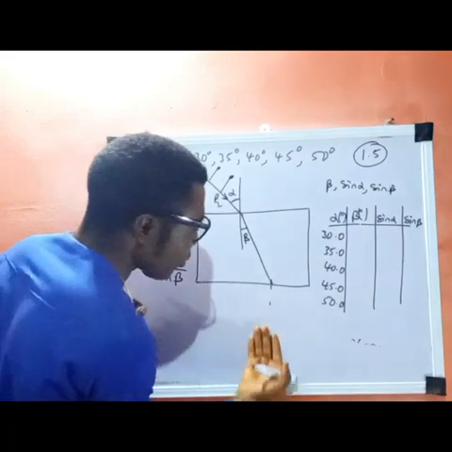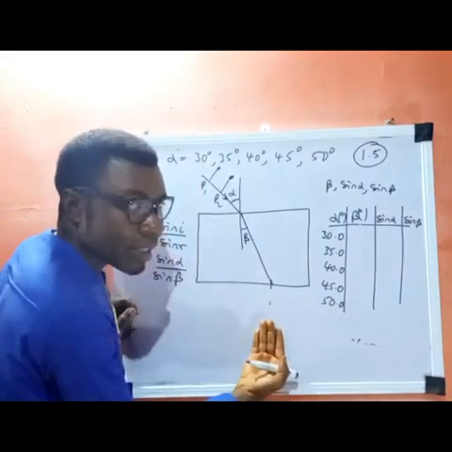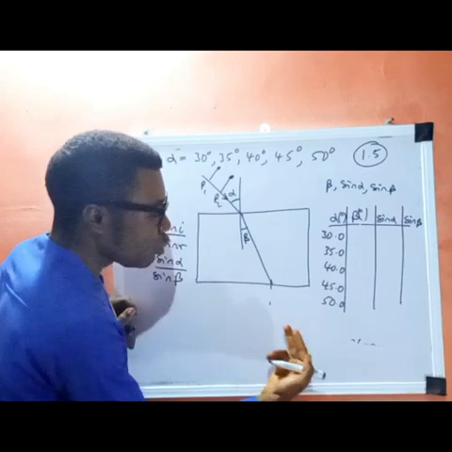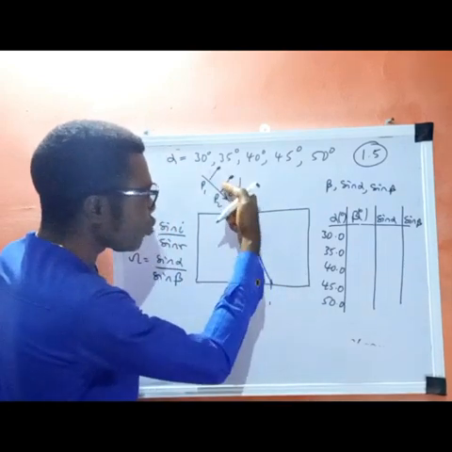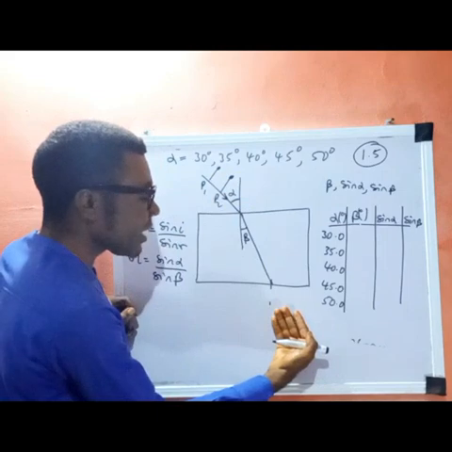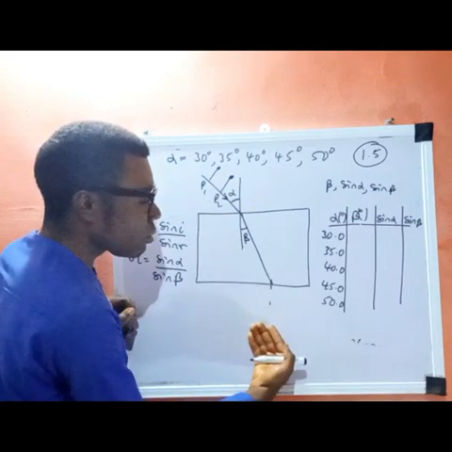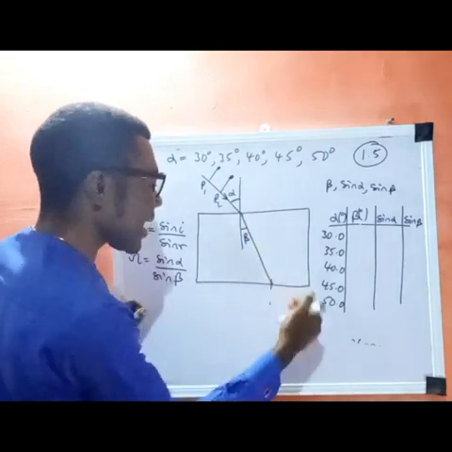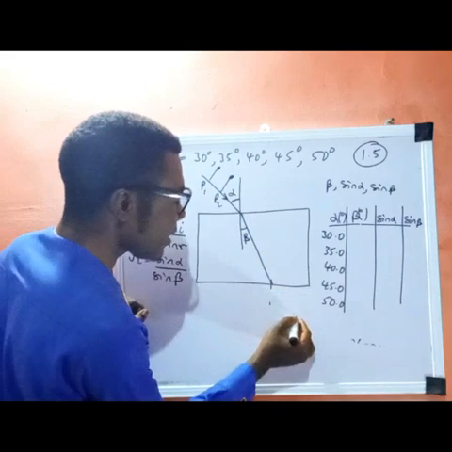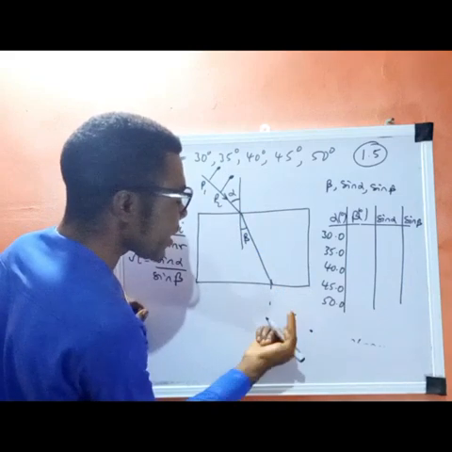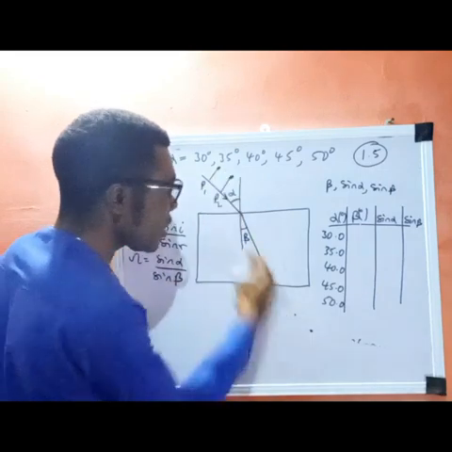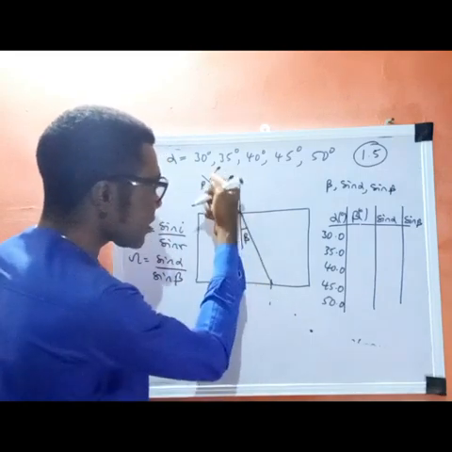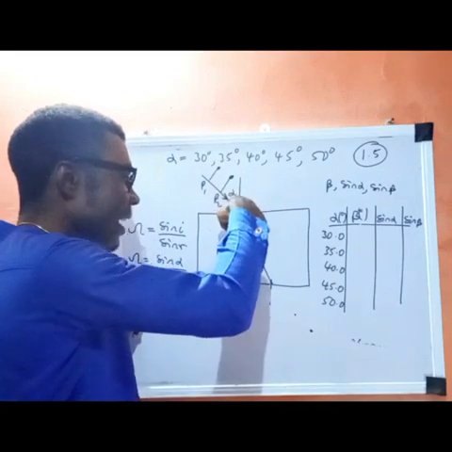Then look through the prism at this other end such that you will be seeing the image of these two pins from this end, and then you locate two pins from this end to be on a straight line, and then place another two pins to be on a straight line with the image, not with these two, but with the image of these two pins, because it is these two pins that have gone into this and refracted.